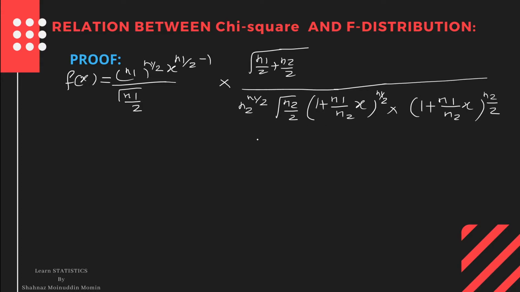Now I will take the limit as n2 tends to infinity on both sides. Then what will happen?